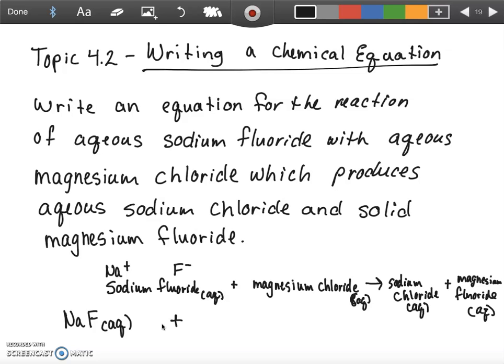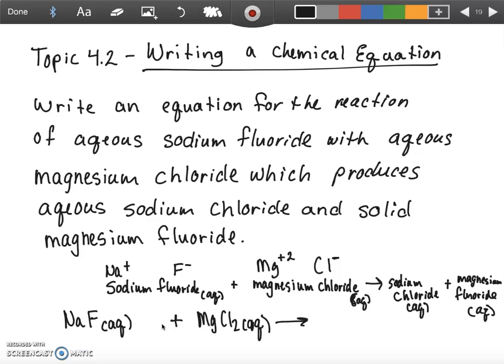And then the second reactant was magnesium, which is Mg, and that has a 2+ charge, followed by chlorine, which has a 1- charge. So that means this formula is going to be MgCl2, and it is aqueous. Again, you should know that already.